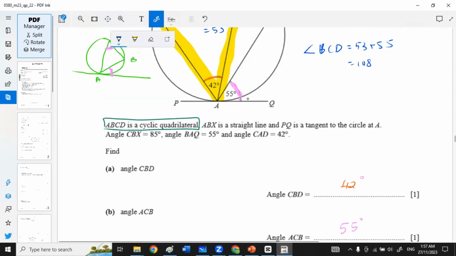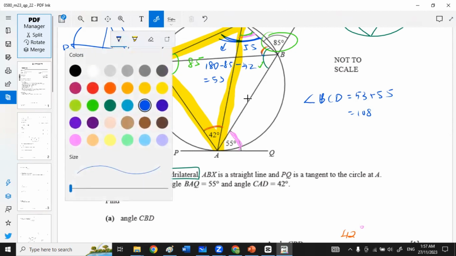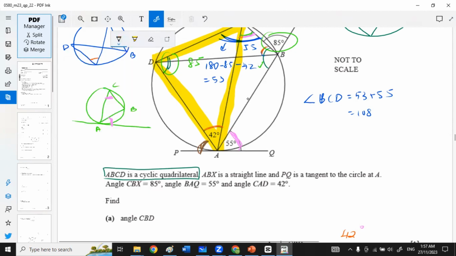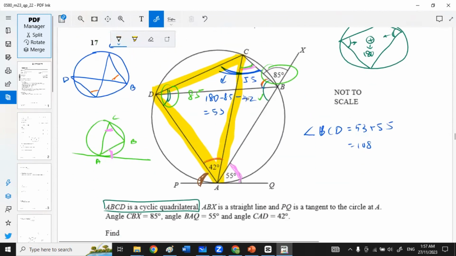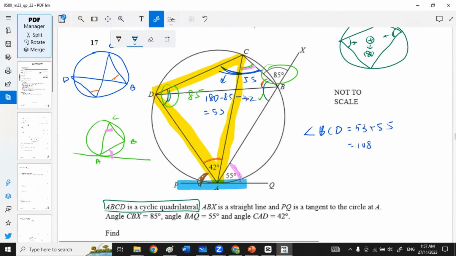Then angle PAD. PAD is here. So we have a triangle and we have another tangent, so basically same as here.